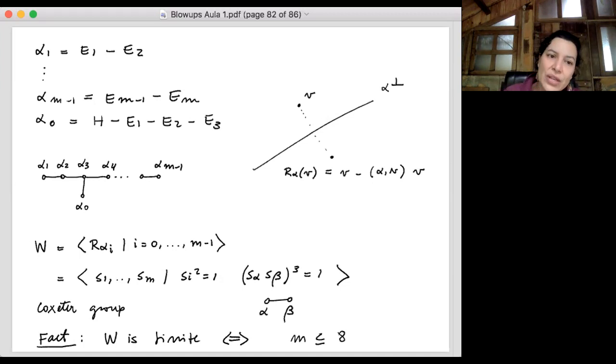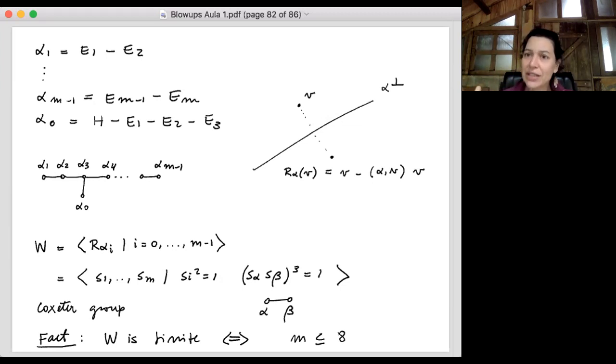And as soon as you add the reflection with respect to alpha 0, what you do is perform a Cremona transformation centered at the 3 points P1, P2, and P3. And so when we were saying that you can act by this group, basically you make a permutation so that the multiplicities of the curve at the points are in increasing order.